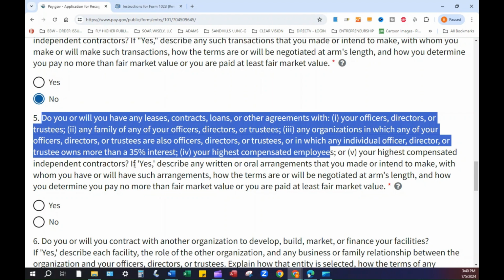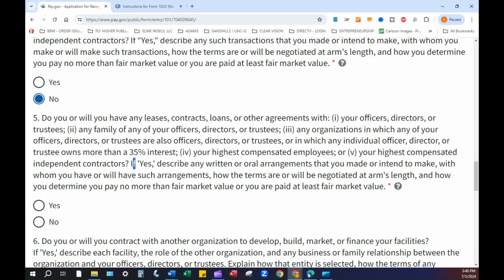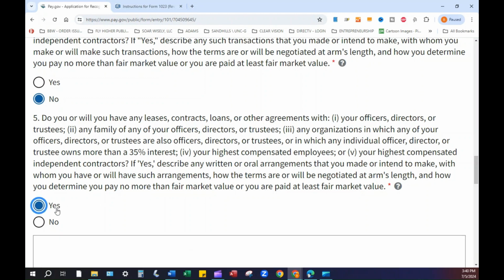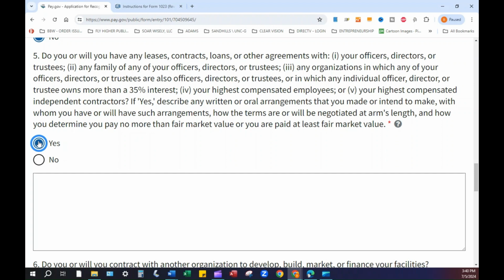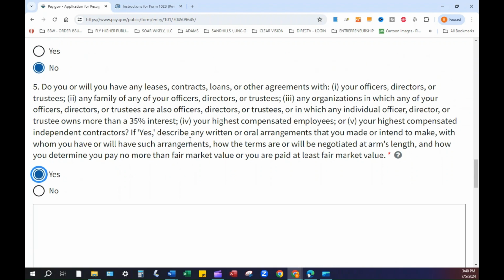Now, again, I realize that's a lot, but you definitely want to read thoroughly. I know I've said that before. Read thoroughly, answer it thoroughly. Now, in this case, oftentimes my clients do want to answer yes to that because they may say they're a husband and wife.